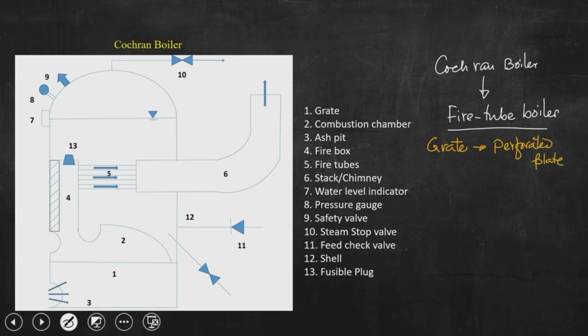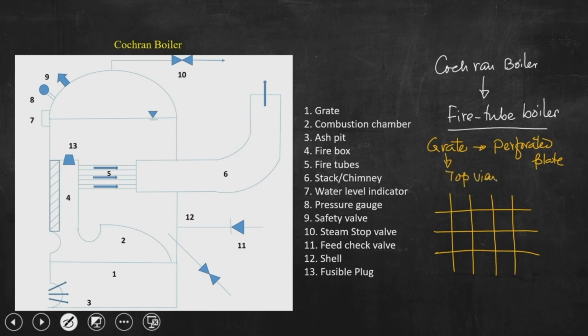If we have a look at the top view of this particular component, it would be more clear to us. The grate looks like this. This is the top view of the grate. Why is it like this? Is it something that we had to fabricate?